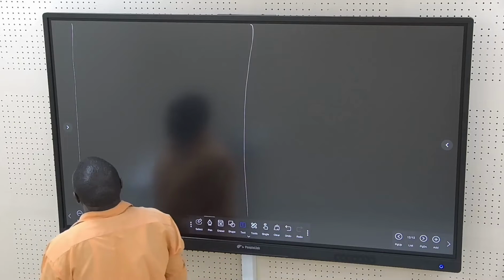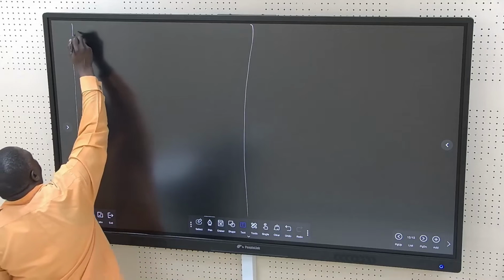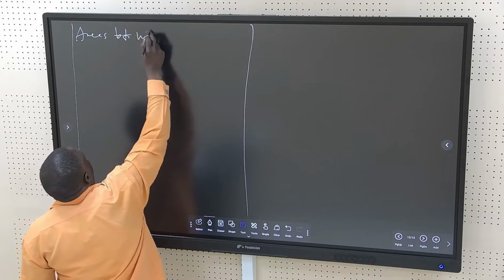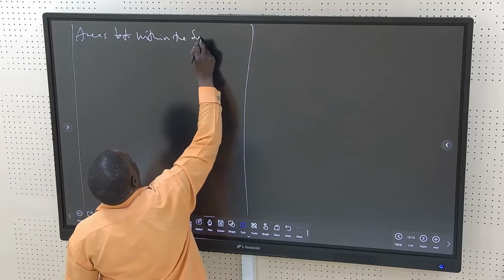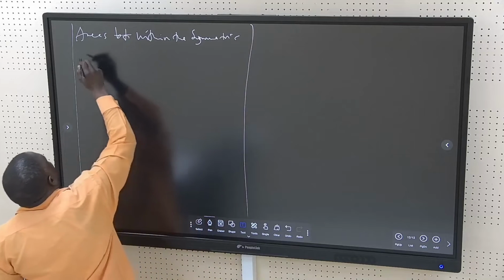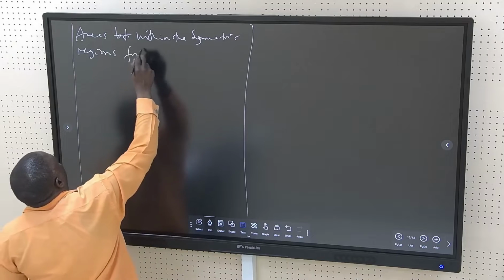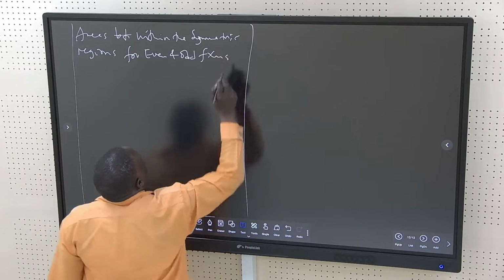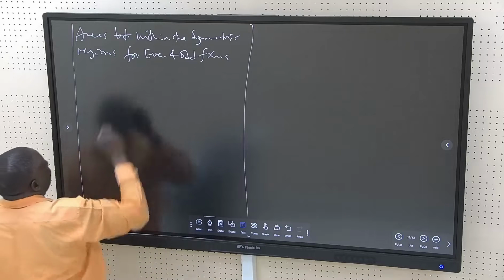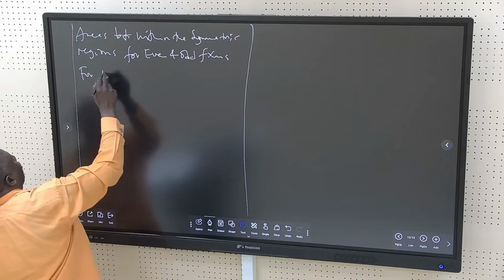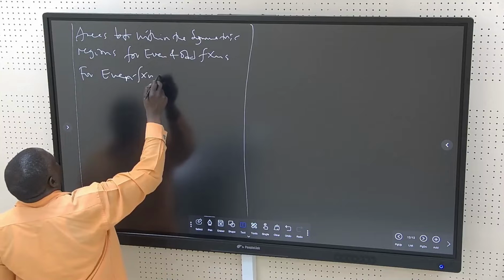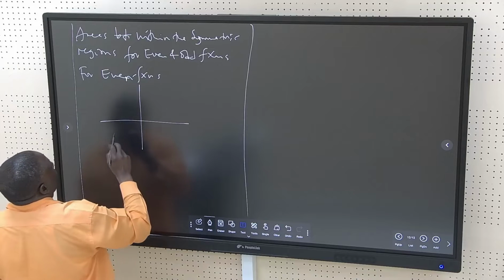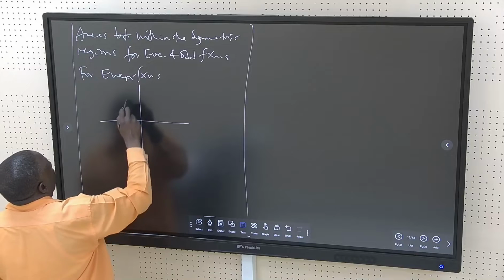So if we find the integral areas within the symmetric regions for even and odd functions, for even functions like the cosine function, the function is like this.